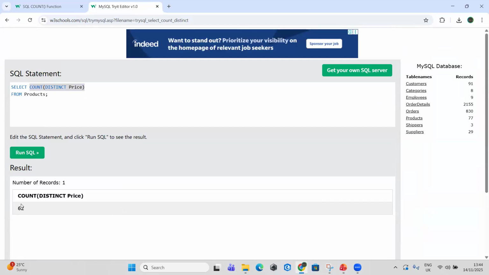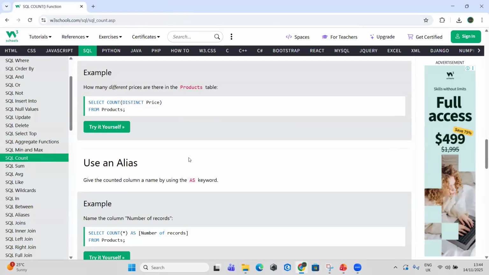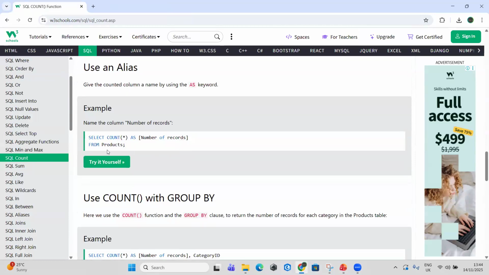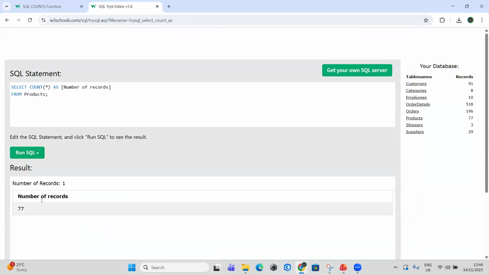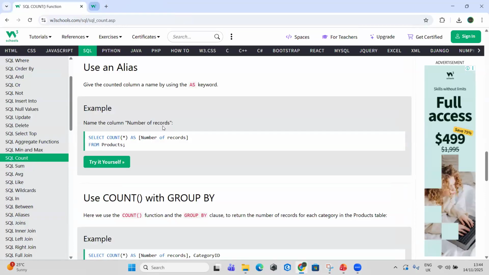It means there were many items that were priced the same, right? Use an alias. So you can say this as number of records, then it will show up as number of records here.